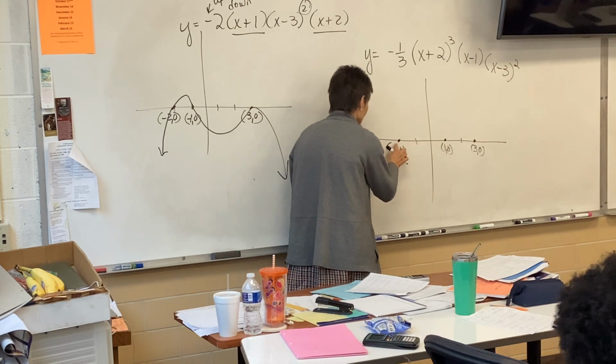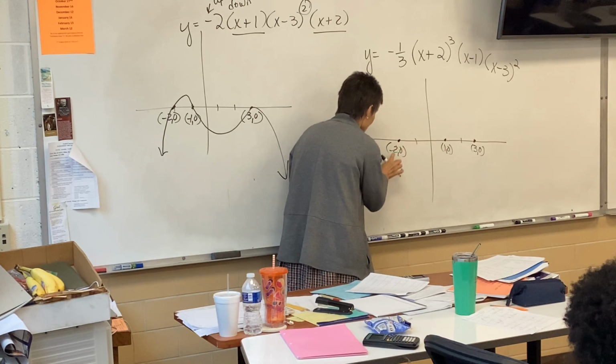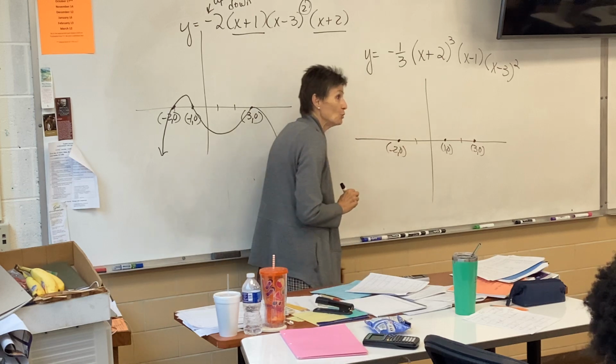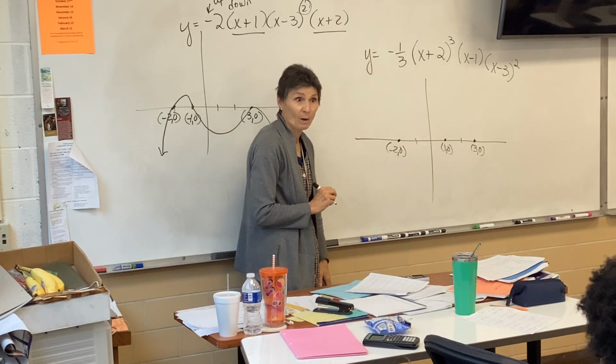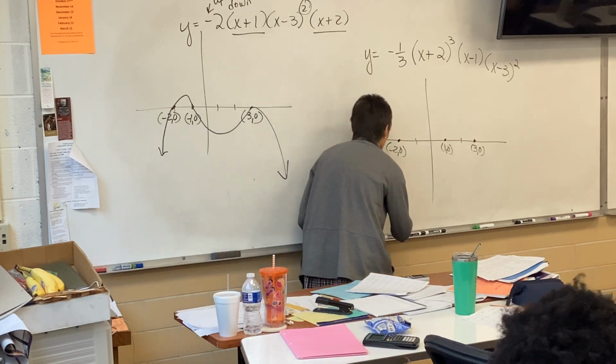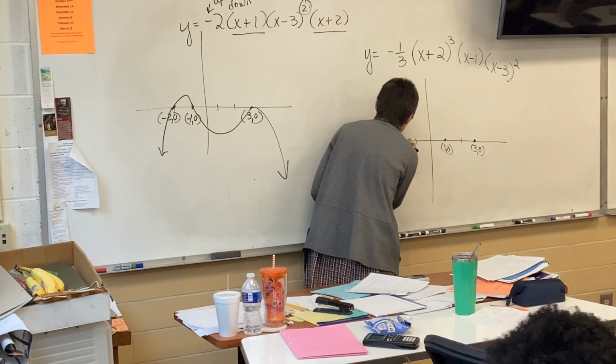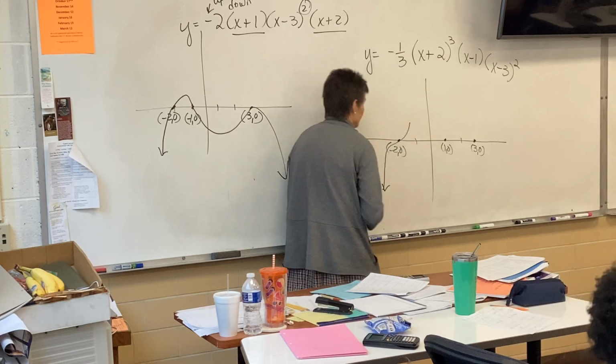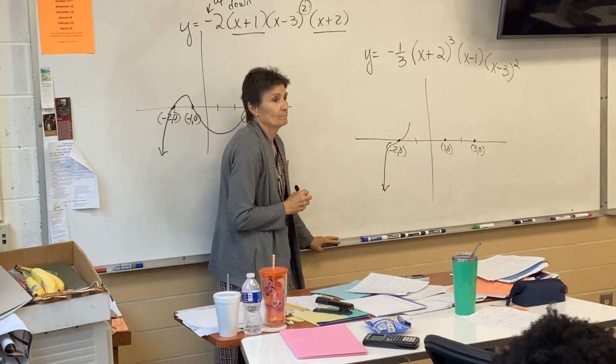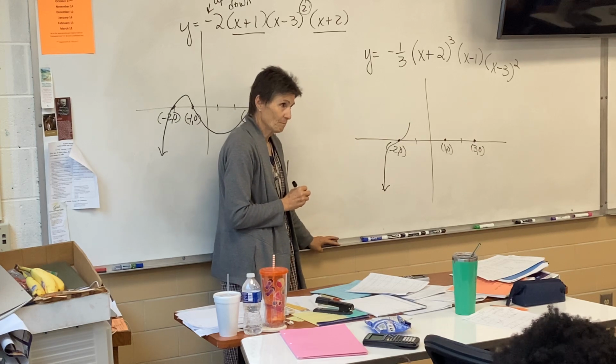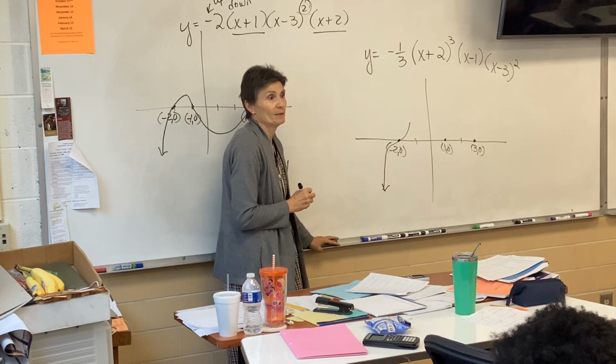Oh, gotta be careful. Why do I have to be careful with that one? That's a cube, so I need to squiggle my way through that one. So I'm gonna come up and squiggle my way through there. And I'm squiggling because it's cute.